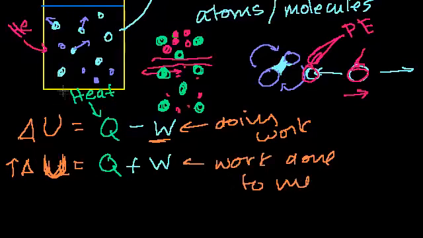Or energy is being transferred into my system. And I'll give a lot more examples of what exactly that means in the next video. But I just want to make you comfortable with either of these, because you're going to see them all the time, and you might even get confused even if your teacher uses only one of them. But you should always do this reality check. When something does work, it is transferring energy to something else, right? So if you're doing work, it'll take away your internal energy.